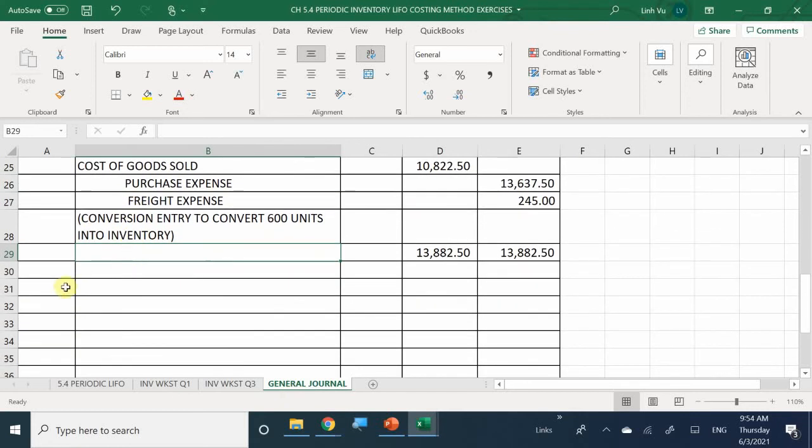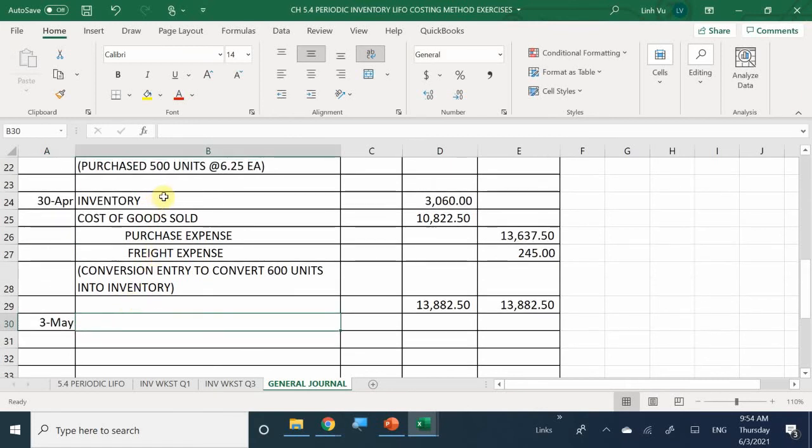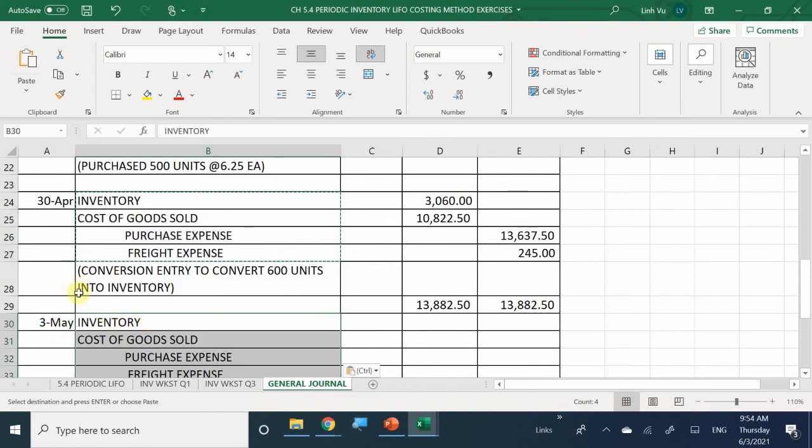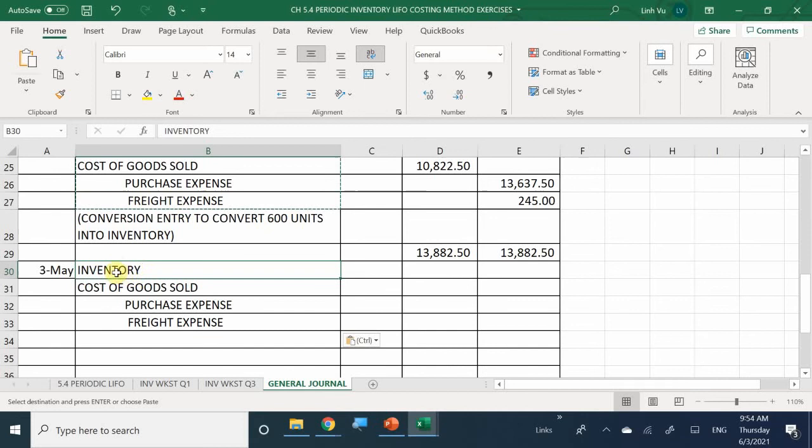Now that we finished on May 31st, what do we need to enter as our journal entry to reflect our ending balance and our cost of goods sold? Actually, I just gave you the answer. So how do we compute our conversion entry? Beginning inventory. Is the first one beginning or ending? Ending, correct.